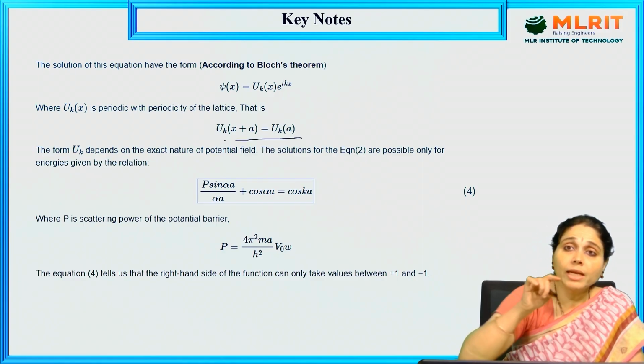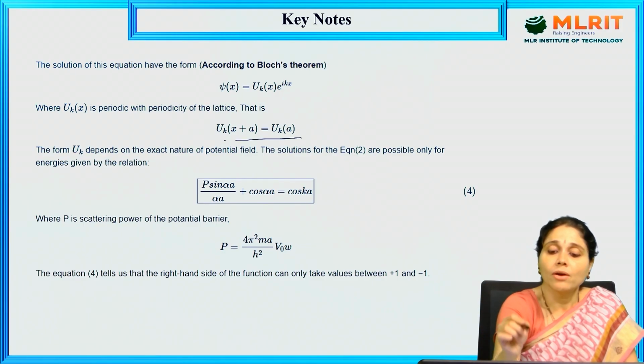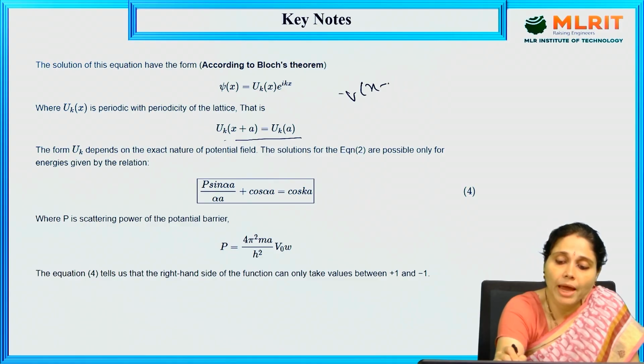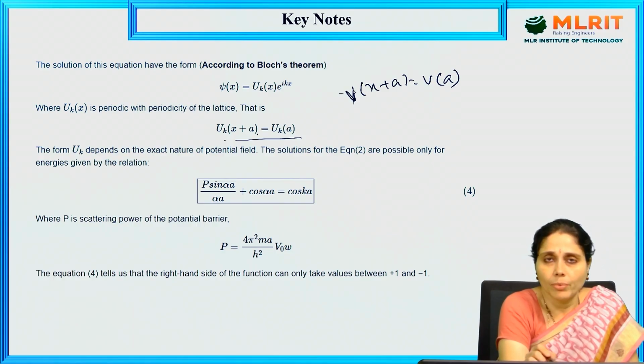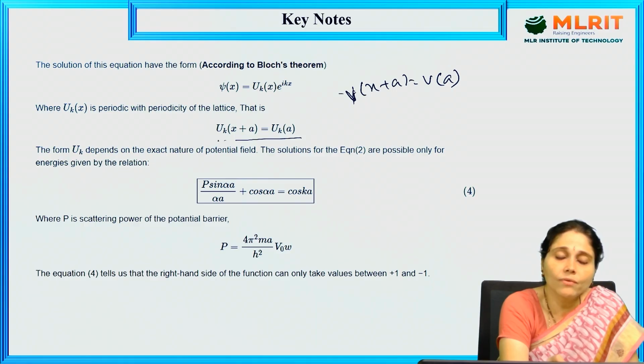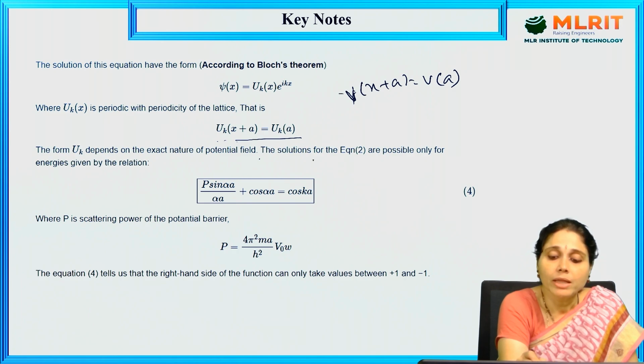We have seen in the previous video lecture that V of x plus a equals V of x; the same thing holds for u, since they are the same periodic potentials. So u k depends on the exact nature of the potential field. The solution of the equations is P sin alpha a by alpha a plus cos alpha a equals cos Ka.